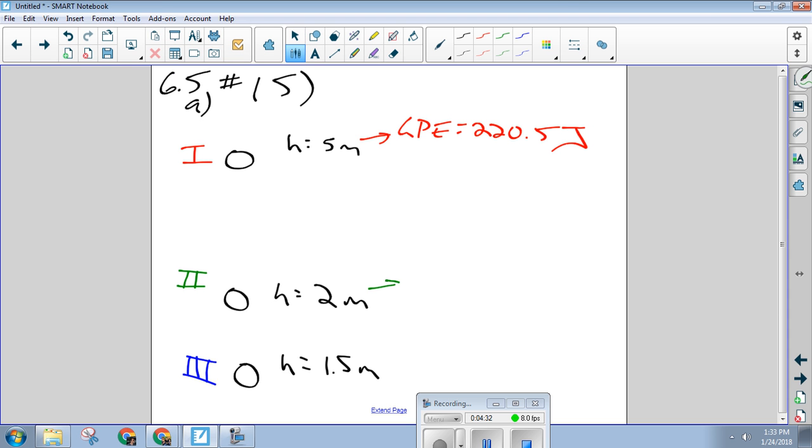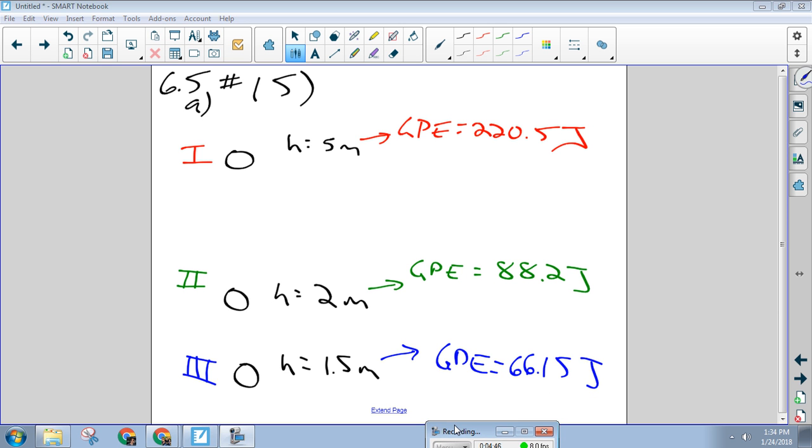This one, GPE, ends up being 88.2 joules. And down here at the bottom, the GPE ends up being 66.15 joules. So I just did mgh 3 times for each of the different heights. Everybody good?